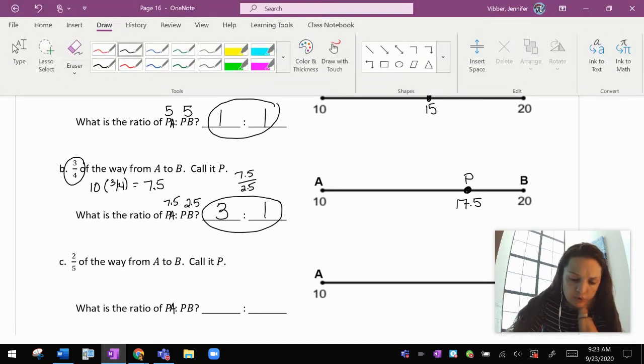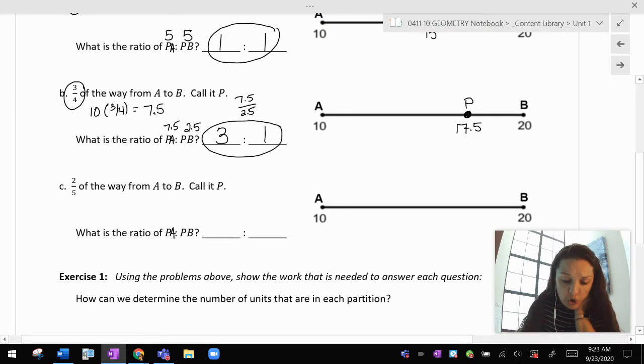Change colors here just for fun. Now, if I want 2/5 of the way, if this is 5 units, this would be 2/5, I guess. We'll call that P. What's 2/5 of the way down?